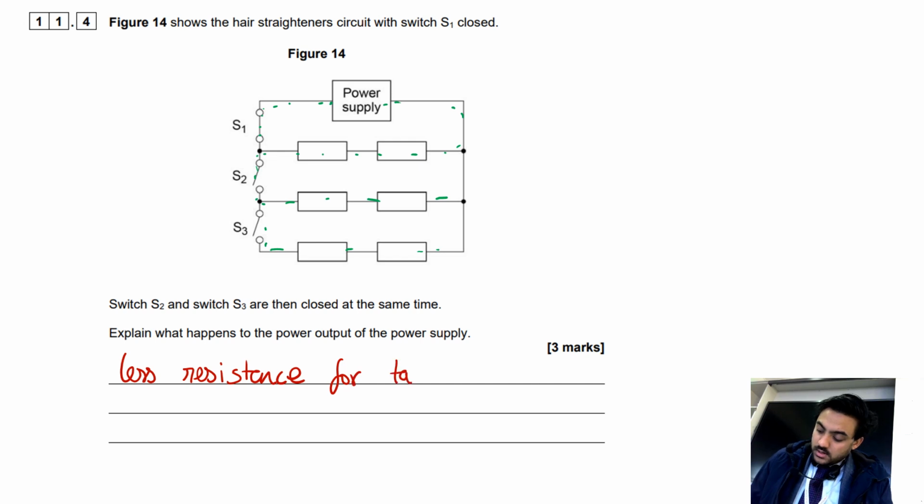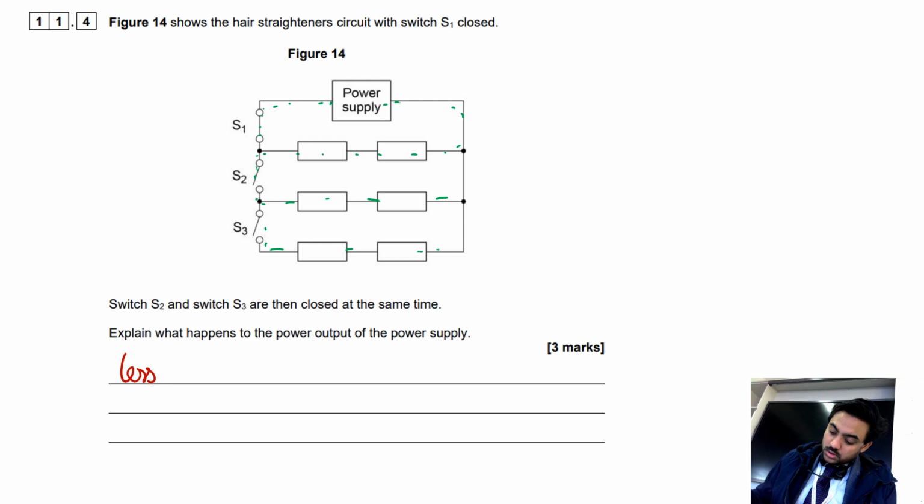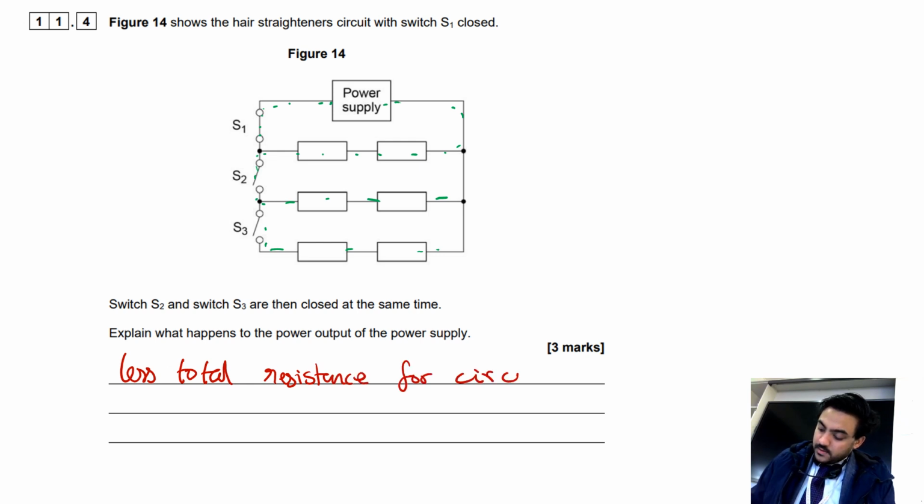or total. I'm going to rewrite that. Less total resistance for the circuit. If there's less total resistance for the circuit, then there's more current. All right, so more current.